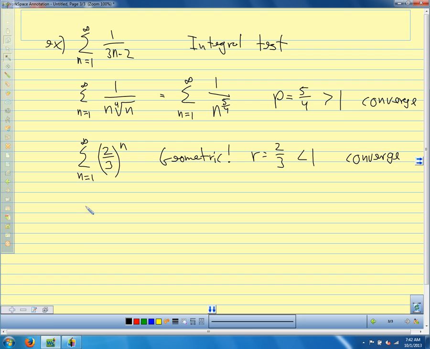How about the sum n equals 1 to infinity of n over the square root of n squared plus 1. So someone says it diverges.